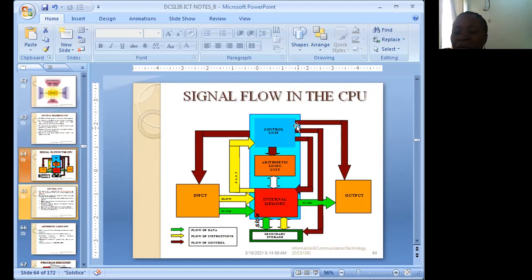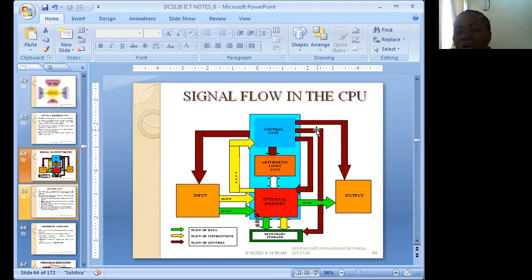But going from one unit to the other are these lines, these thick, arrowed lines. You can see the first one goes from the control unit to the output unit. Another one goes from the control unit to the internal memory. Another one goes from the control unit to the secondary storage. And another one goes from the control unit to the input unit.